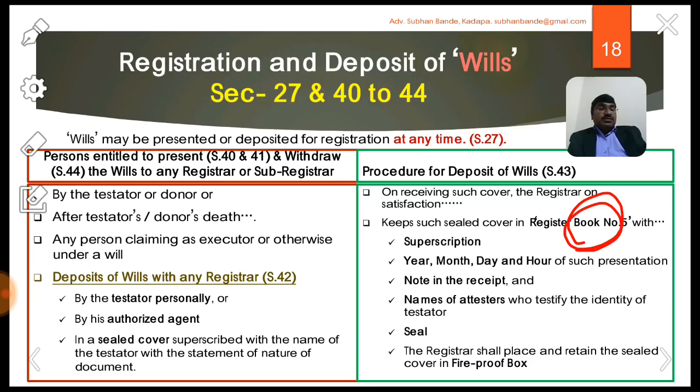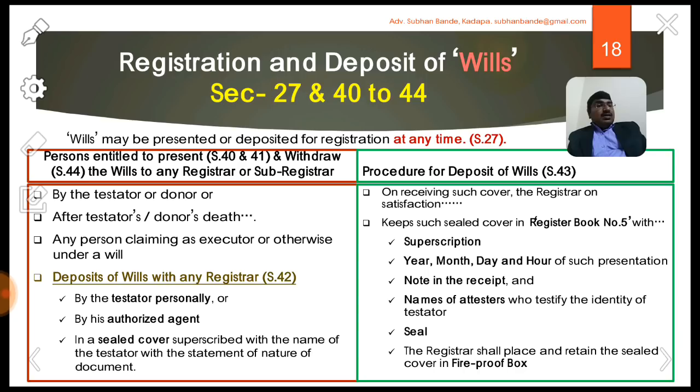In the initial slides, we discussed that book number 5 should always be maintained by the registrar, not by the sub-registrar. In book number 5, the wills shall be deposited and recorded only in the registrar's office, not in the sub-registrar's office.